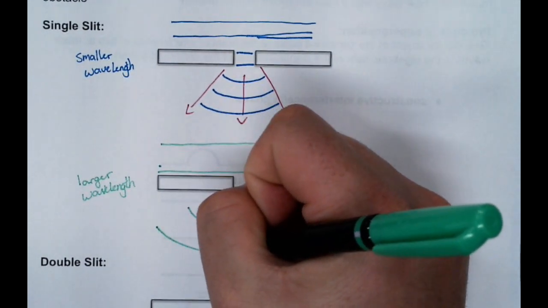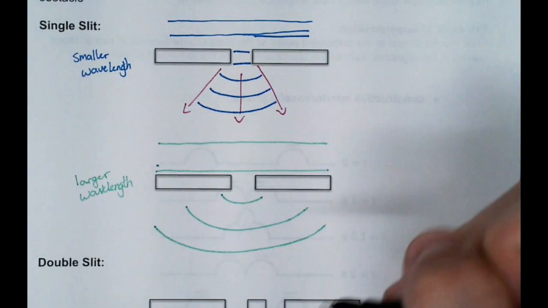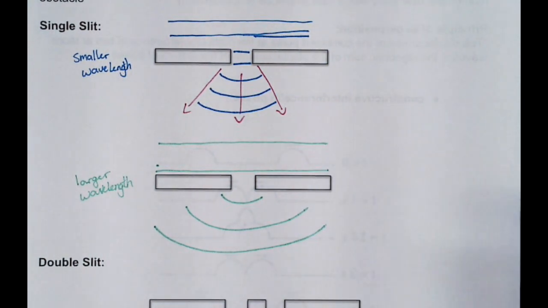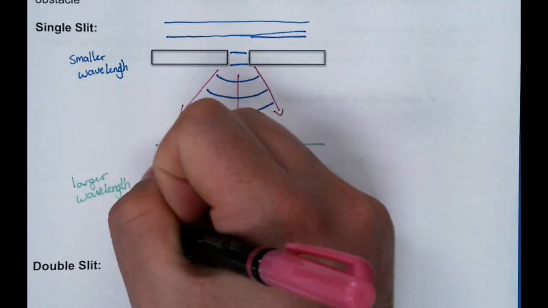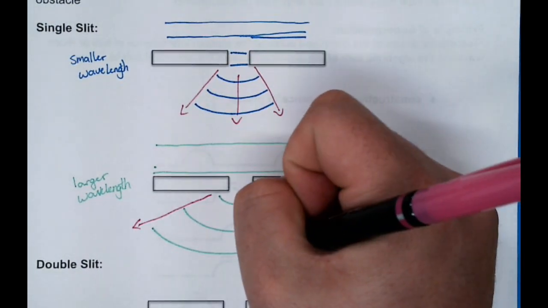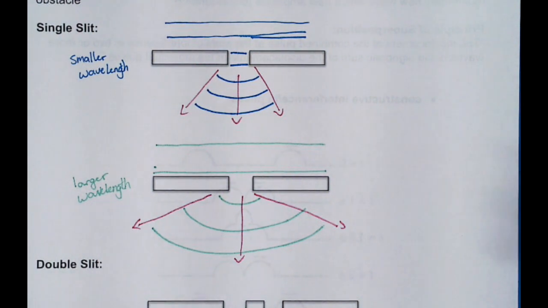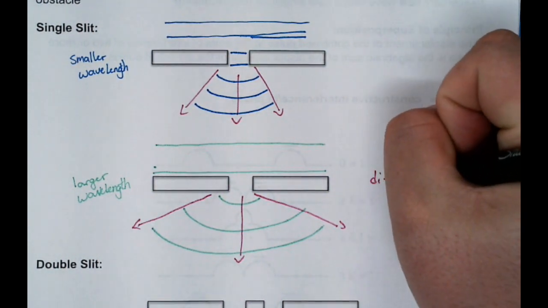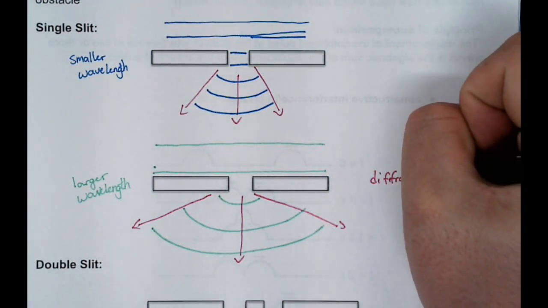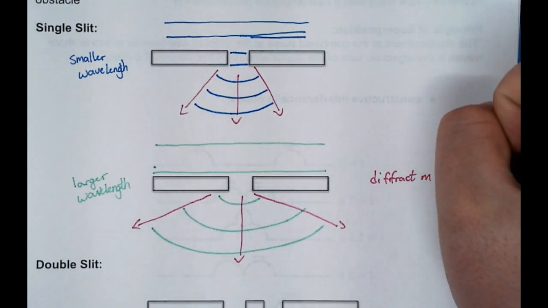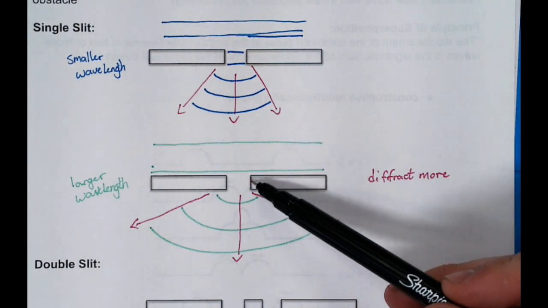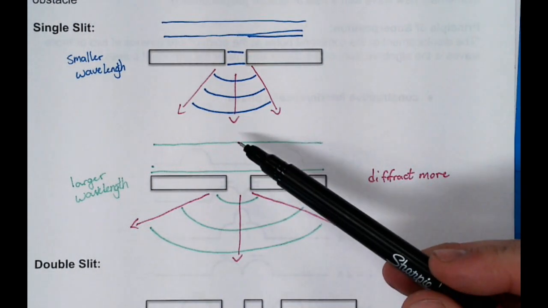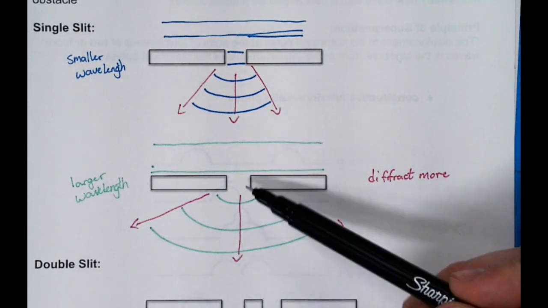What happens when we have two windows, or a double slit, is a little bit different. We're still going to have our waves coming towards it, but now they're squeezing through two spaces. In each of these spaces you're going to see the same thing happen: the wave bends around the slits.